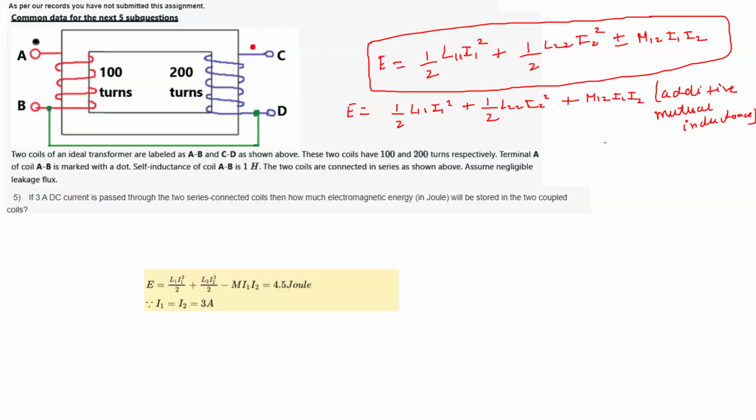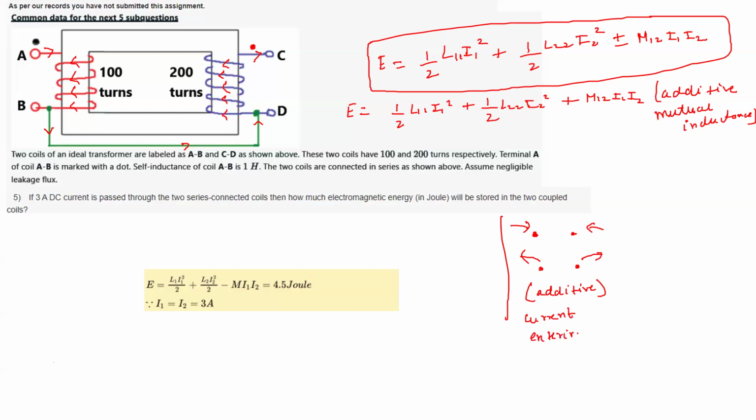Now let us see whether this is additive or subtractive depending on the dot notation. You see current is entering the dot here, traveling through the coils, and coming out. If the current enters both the dots or leaves both the dots, then it is additive.